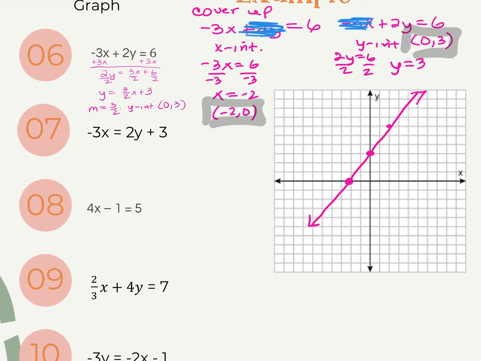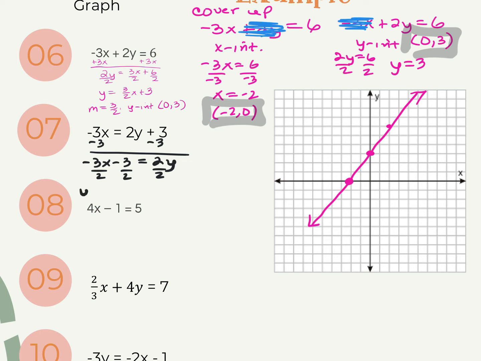For this one, again, if you want to go ahead and put it into y equals mx plus b form, I need to get the y by itself. So I'm going to subtract 3. Negative 3x minus 3 equals 2y. Divide all 3 pieces by 2.